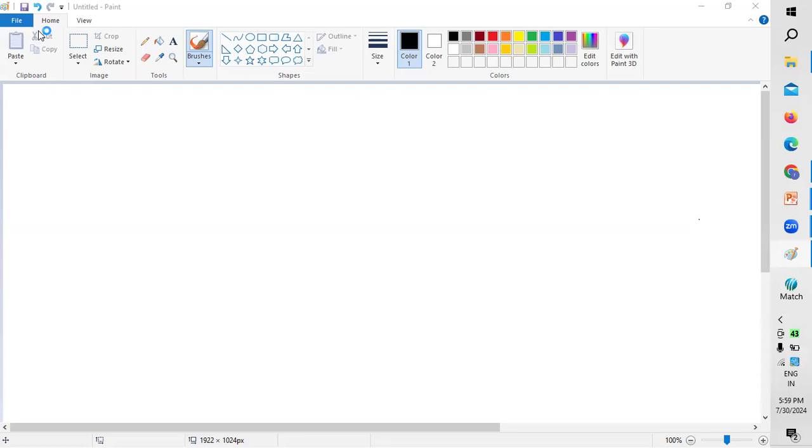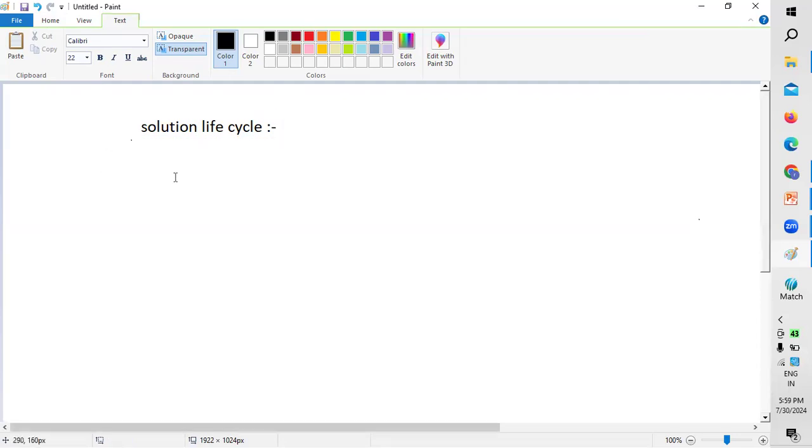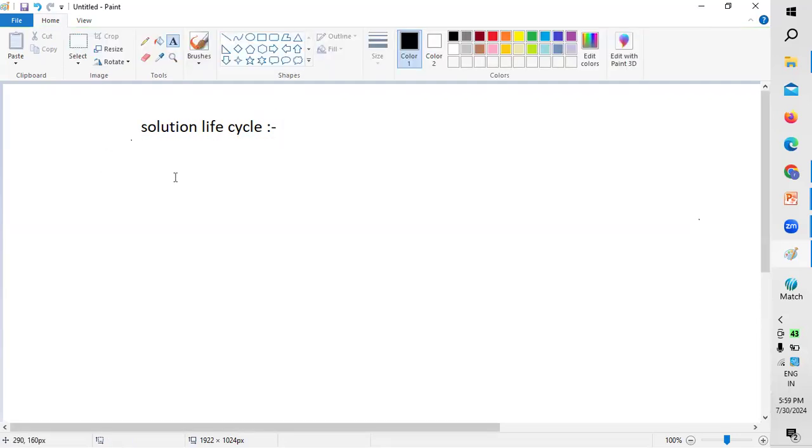Normally, when we try to understand the solution life cycle tasks, they are categorized into three different parts.